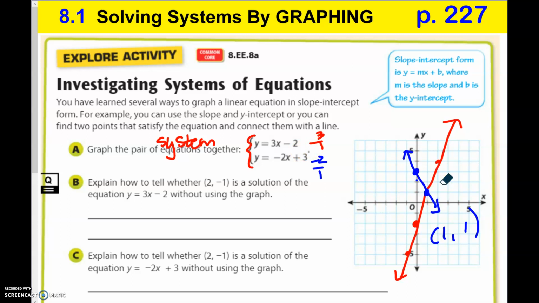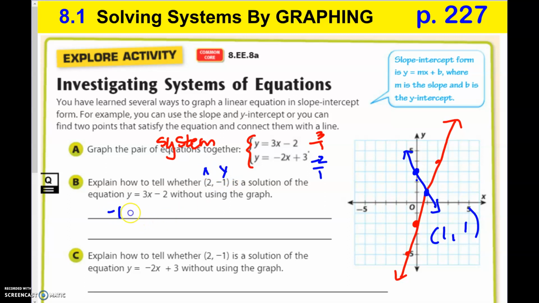Now, part B says, explain how you can tell 2, negative 1 is a solution without using the graph. Well, 2, negative 1 is not a solution because it does not work. Okay, 2, negative 1, so we would plug it in. So this is x, this is y.